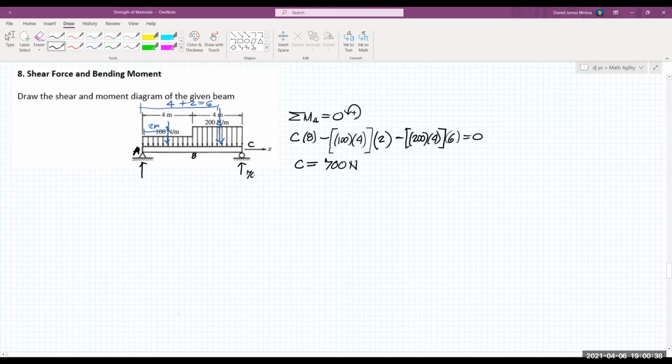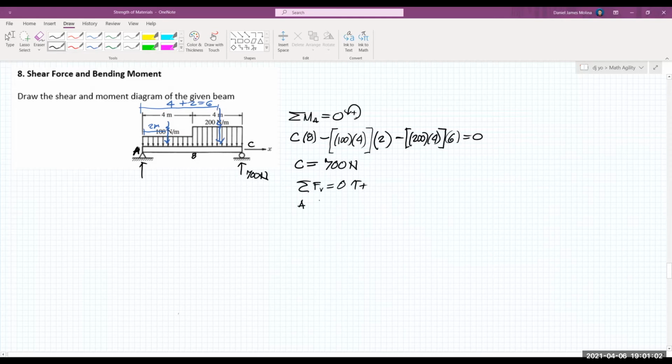So let's write here 700 newtons. Okay? And then we can solve for the vertical reaction at A by taking moment at C. It can also be done by taking summation of forces vertical along the whole beam. Let's have upward forces as positive.